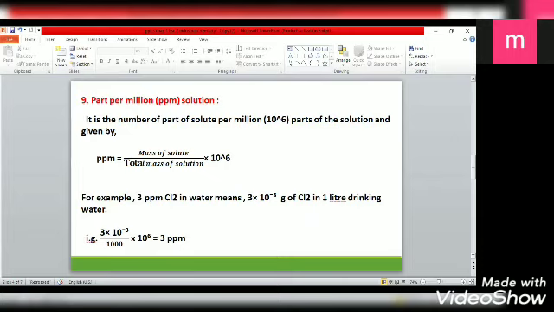That is 3 into 10 raised to minus 3 upon 1000, multiplied by 10 raised to 6, equal to 3 ppm. Next topic.